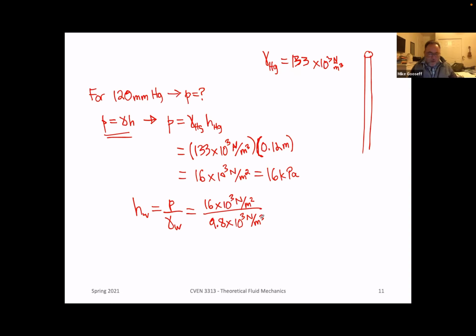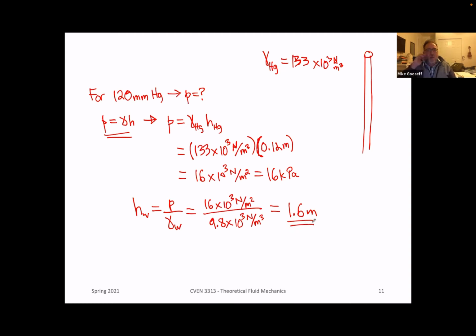I knew that 9,810 is the specific weight of water, so I converted that to 10 to the third groupings instead of putting it in kilonewtons. When I work this out, I get a value of 1.6 meters.